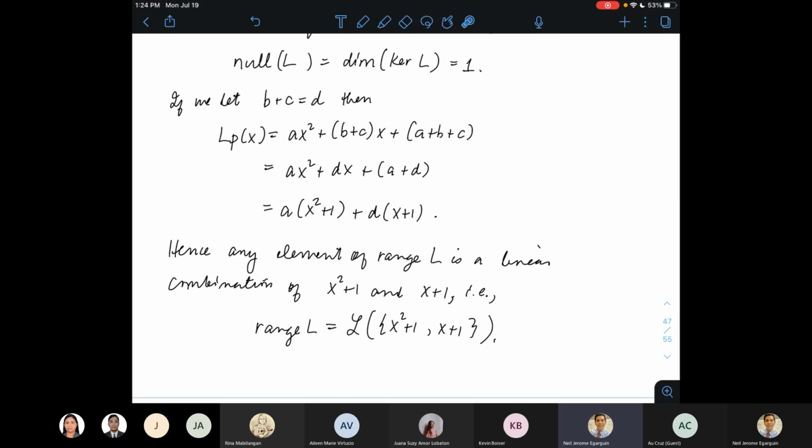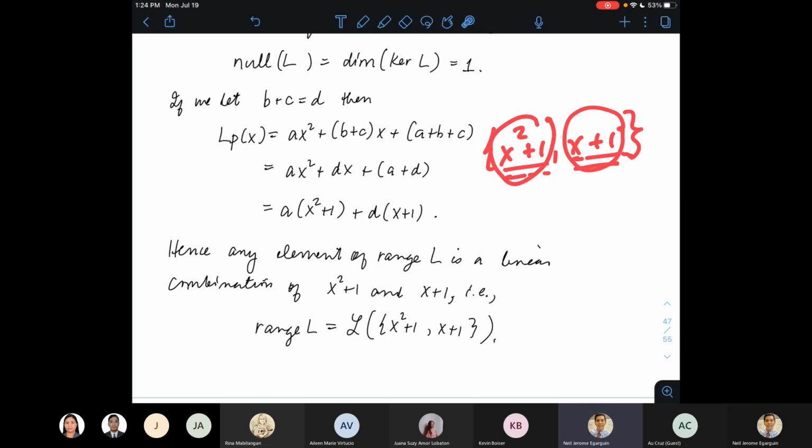Okay? Now, what's remained to be shown is that the set x squared plus 1 and x plus 1 is linearly independent. But again, by the Steinitz replacement principle, kailangan ko lang ipakita kapag meron akong set of two elements, I just need to show that one is not a scalar multiple of the other. But obviously that is the case kasi meron akong x plus 1 dito. If I multiply x plus 1 by no matter what scalar, I cannot get x squared plus 1, right?